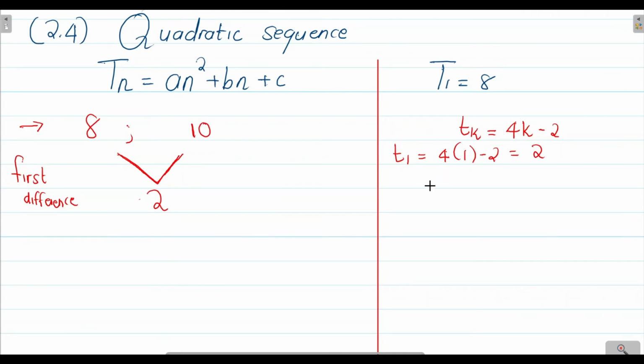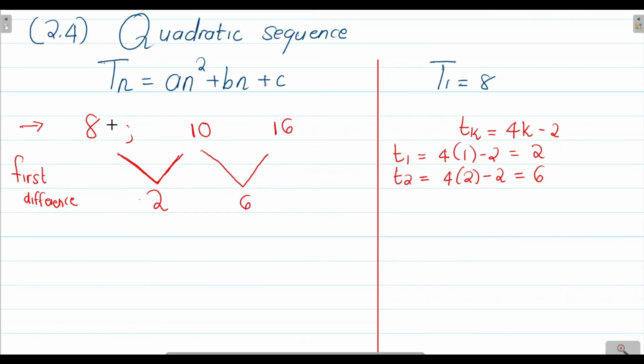Then we continue to get the second term of our first difference. It's 4 times 2 minus 2, which is 8 minus 2, which is 6. So here at the bottom we've got a 6, and then 10 plus 6 is equal to 16.